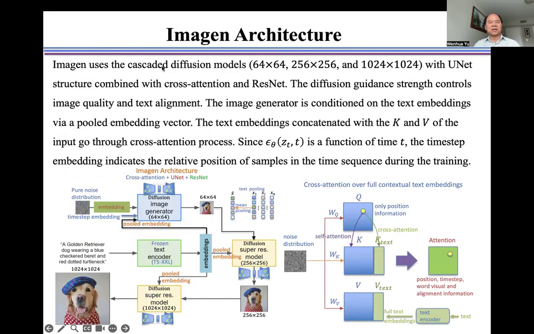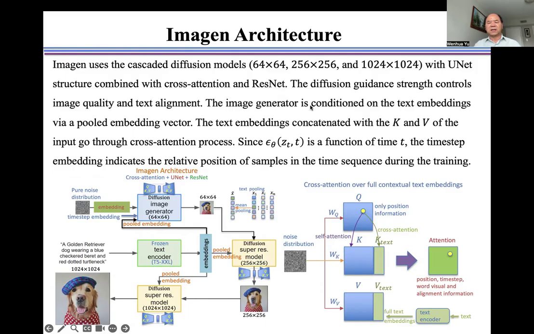Imagen uses the cascaded diffusion models 64 by 64, 256 by 256, and 1024 by 1024 with a UNet structure combined with cross-attention and ResNet, as shown here, here and here.